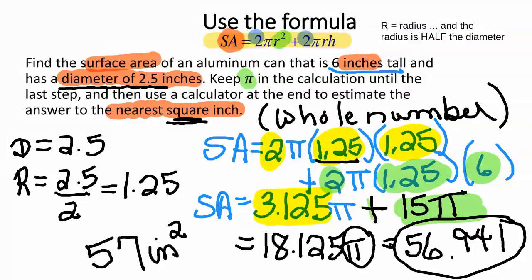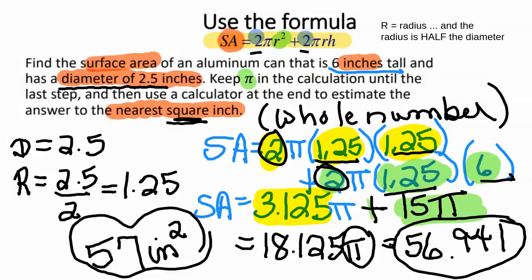This inch times inch, this inch times inch. These 2's don't have any units after them. This is my answer. Okay.